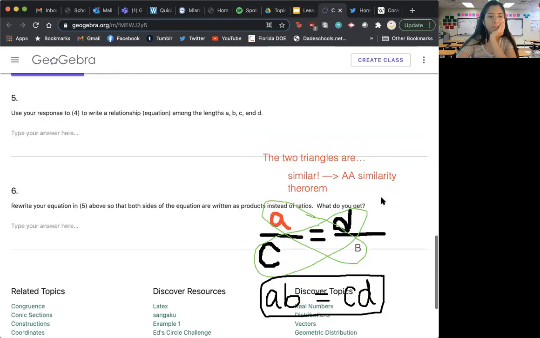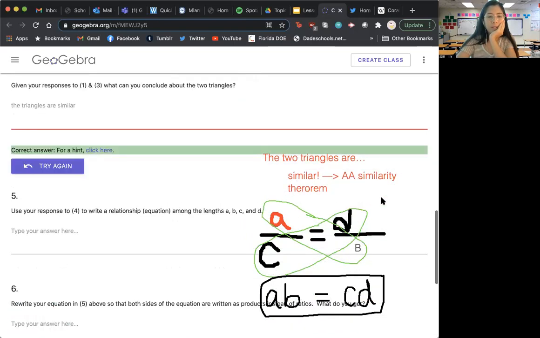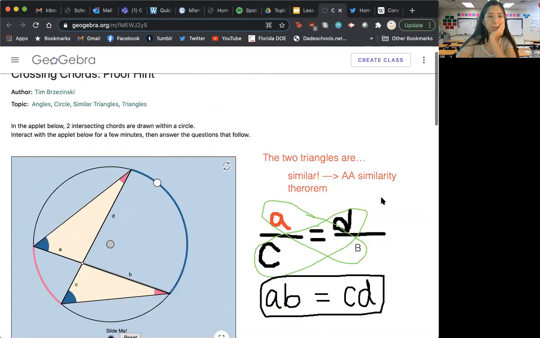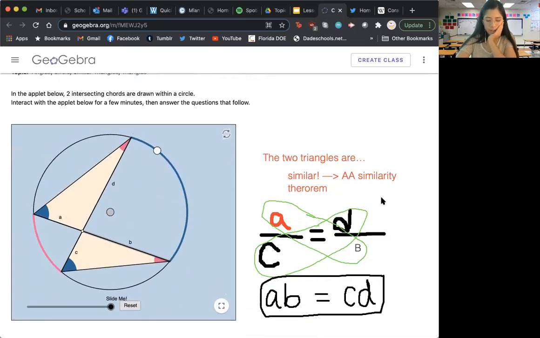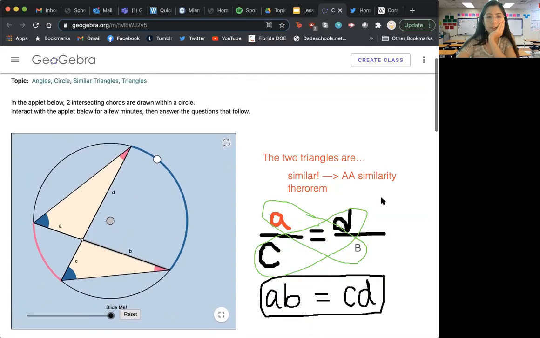Those are the last two problems on that. So any questions on this? Think about it for a little bit. Look through it, make sure that we understand. Now it's important to know where these theorems come from, right?